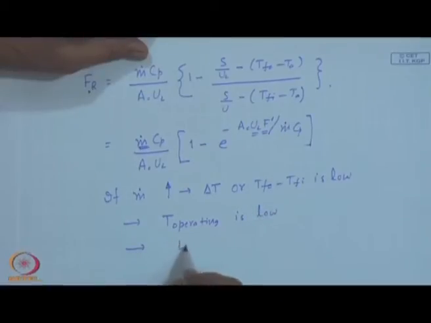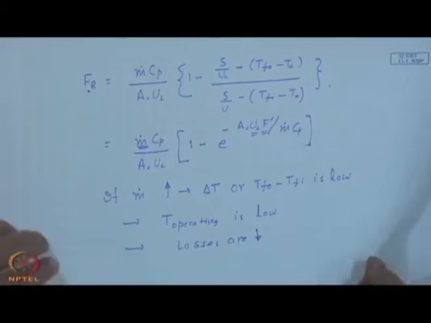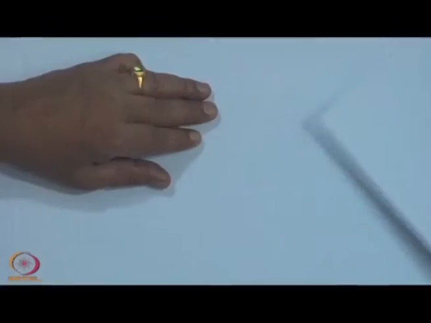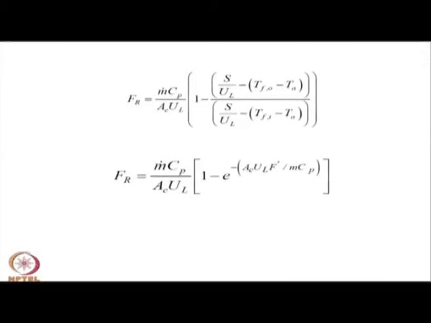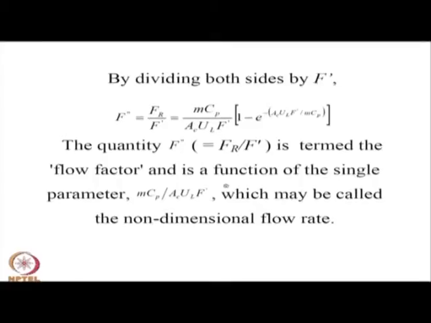So, losses are less. So, this implies my heat removal factor will be higher if the flow rate is higher. That may be due to an improvement in the heat transfer coefficient, or a direct effect of higher m dot is to have a lower delta T and hence lower losses.